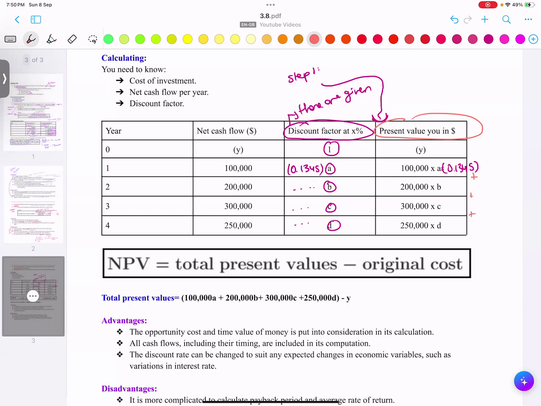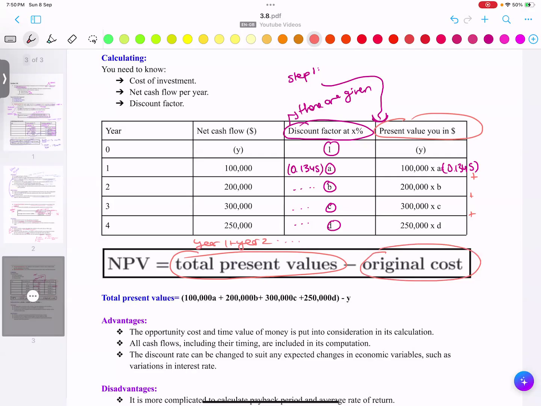Then what you end up getting is your total present values. Then minus the original cost of the investment, okay?